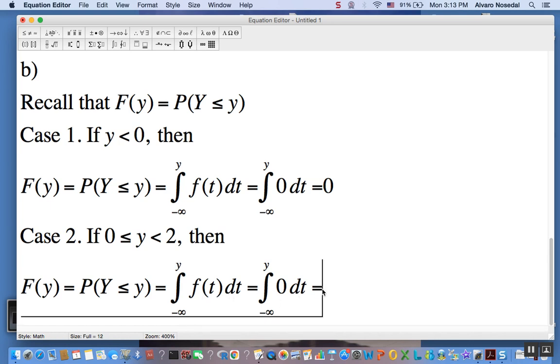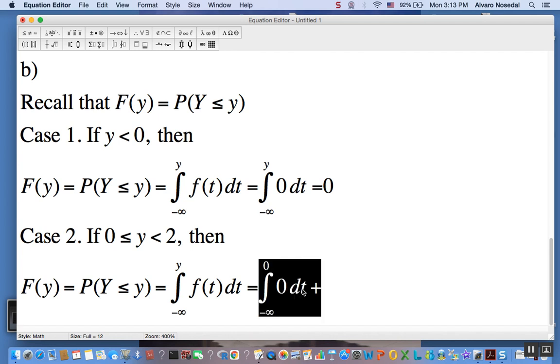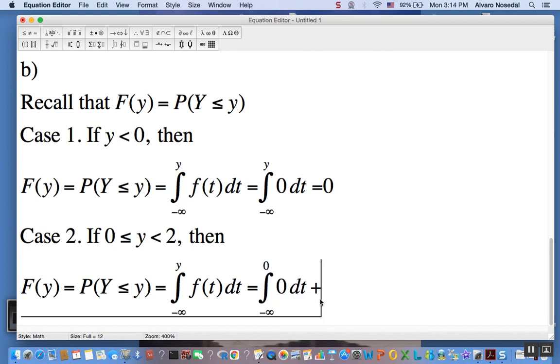But if you are here between negative infinity and 0, you want the integral of 0 dt. Now, if this guy is between 0 and 2, in that case it's from 0 up to y.